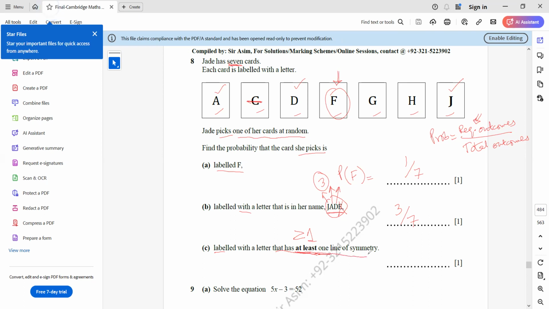That means if a letter is having one line of symmetry, that is also acceptable. If it has got more than one line of symmetry, that is also acceptable. So C has got one line of symmetry, that is acceptable. Okay, then A has got one line of symmetry. Okay. D hasn't got any line of symmetry.